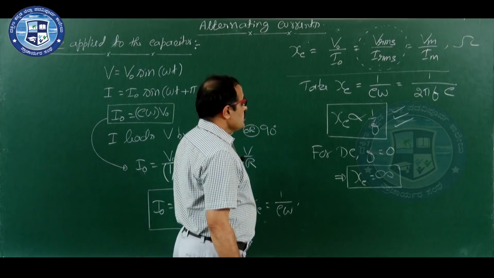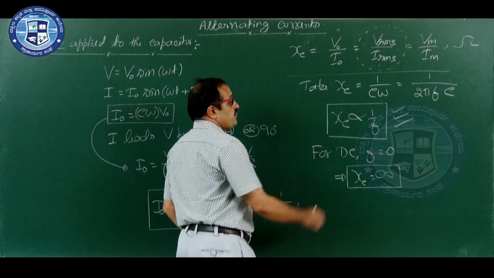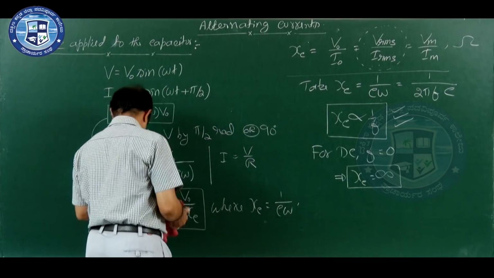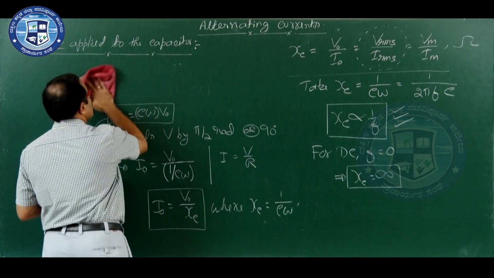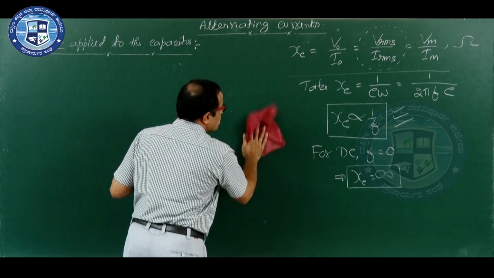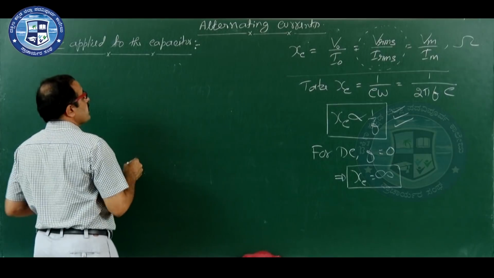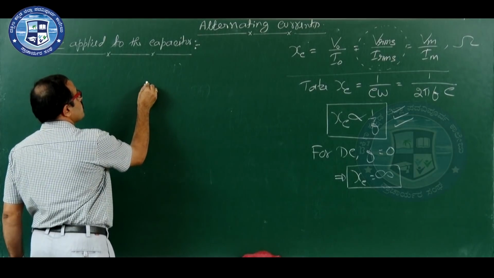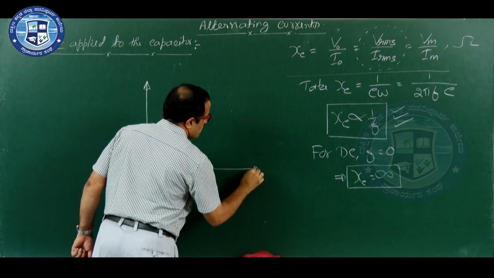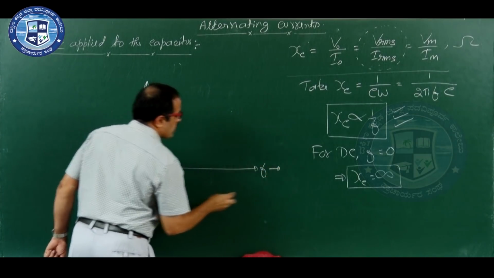Okay. Now, we plot the graph of frequency versus capacitor reactance. Again, it is a 1 mark question in exam. Plot the graph of variation of capacitor reactance with frequency of AC. This is the frequency along x axis.